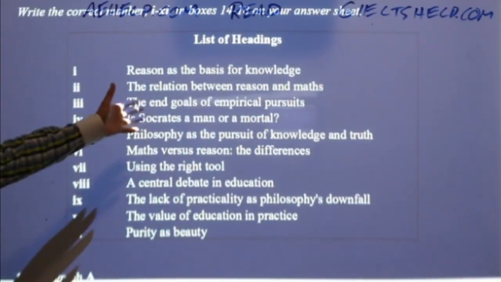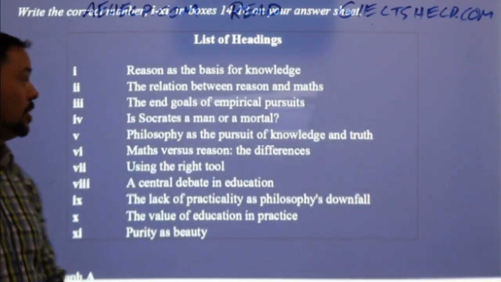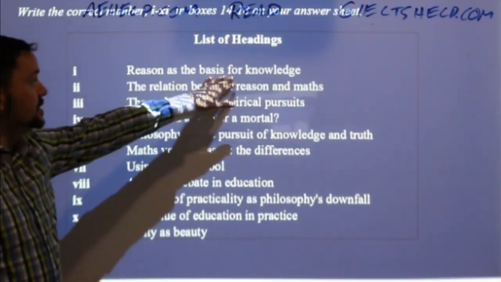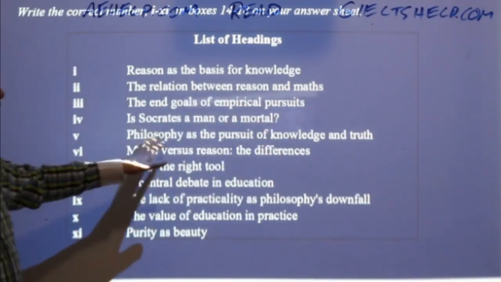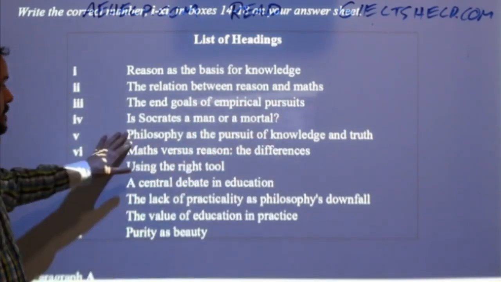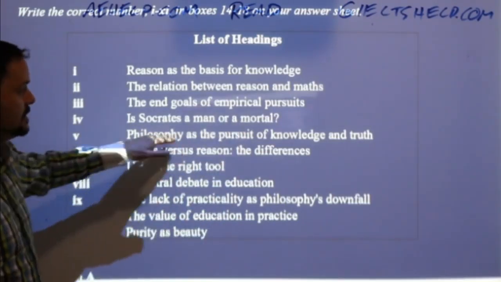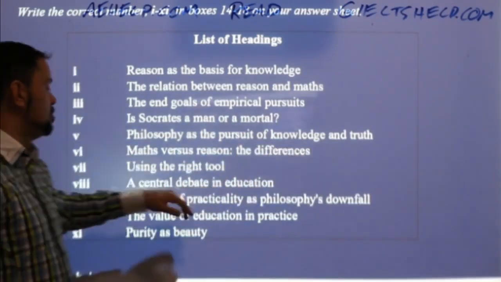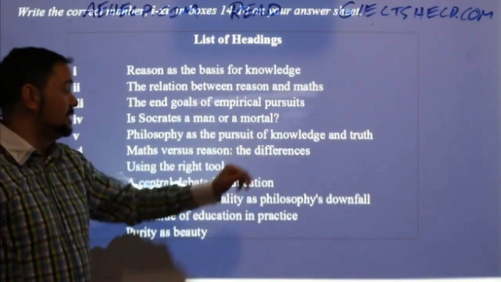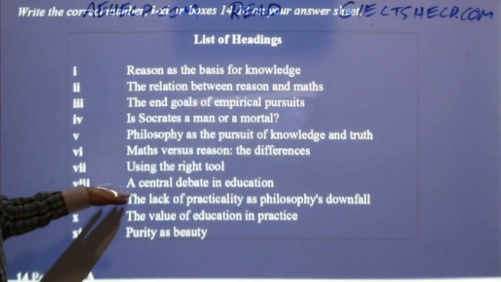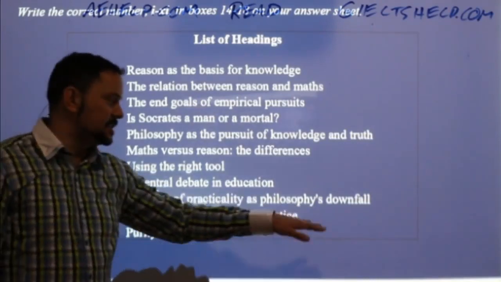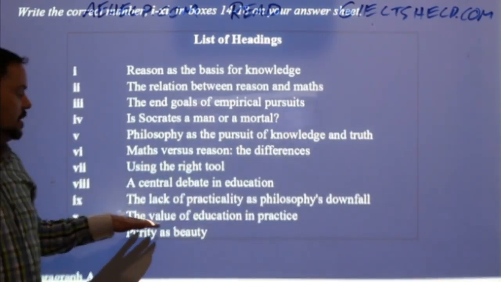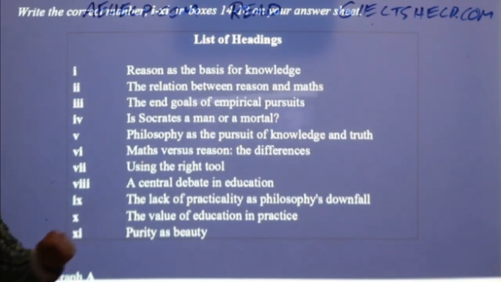So which one of these matches my answer the closest? Reason as the basis for knowledge, the relation between reason and math, the end goals of empirical pursuits, is Socrates man or immortal, philosophy as the pursuit of knowledge and truth, math versus reason, the differences, using the right tool, a central debate in education, the lack of practicality as philosophy's downfall, the value of education and practice, purity as beauty.